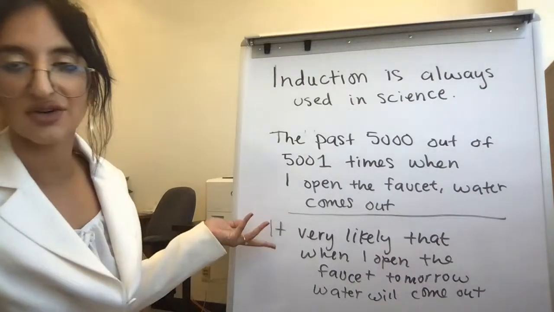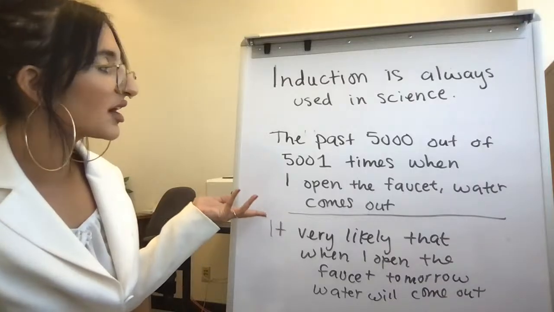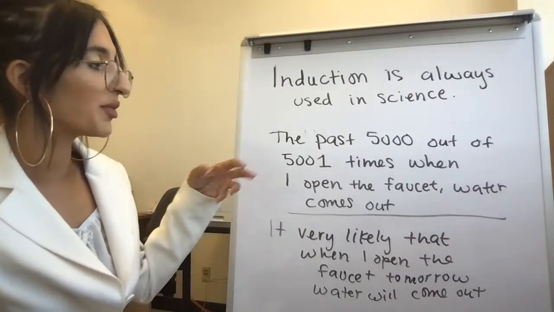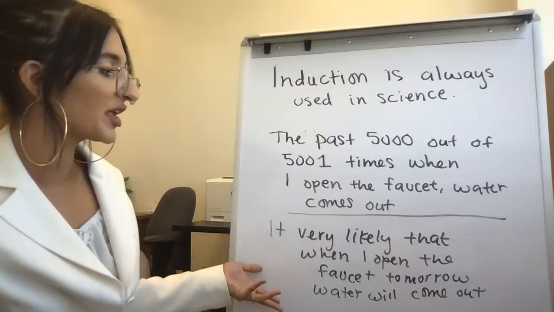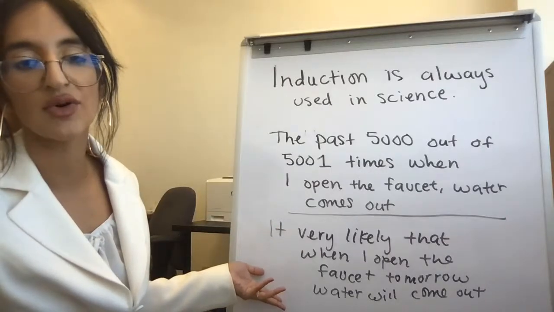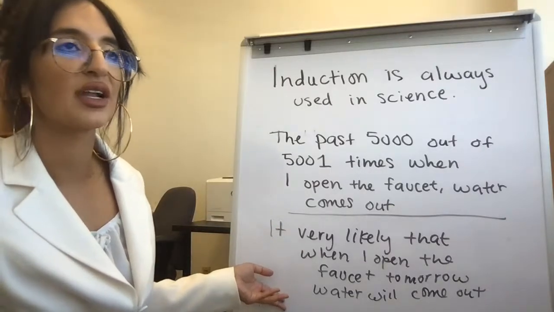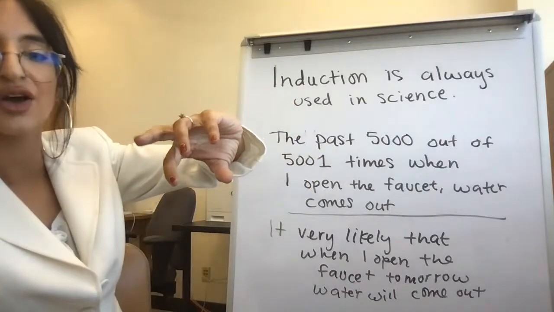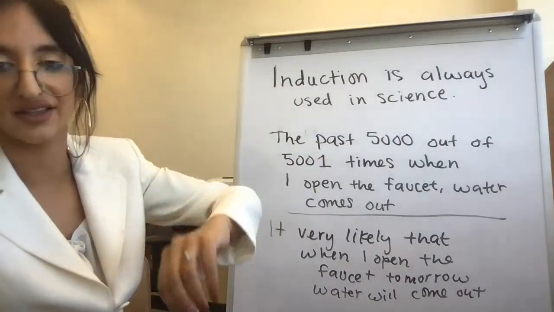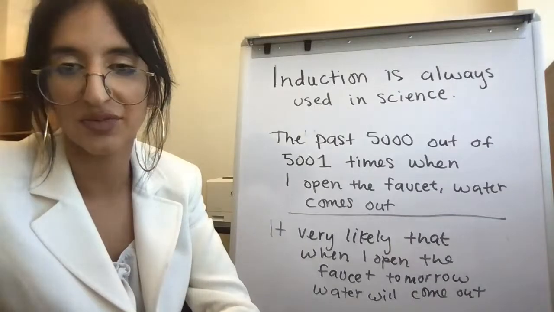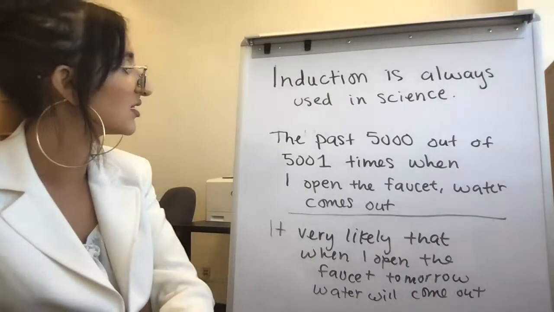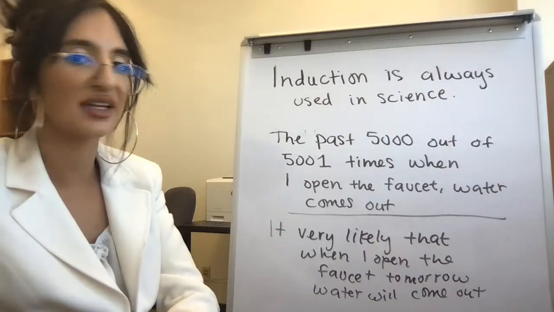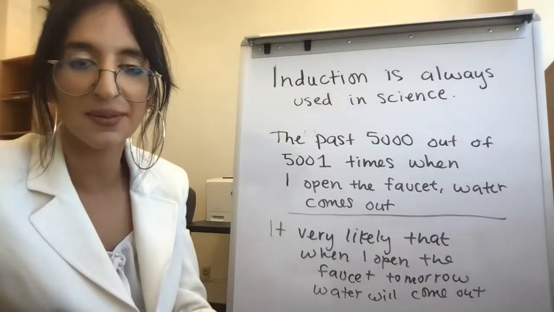This is a silly example, but because I've observed 5,000 times that when I've opened the faucet, water has come out, it is very likely that tomorrow morning, when I'm getting ready to brush my teeth and I twirl the faucet, water will come out, right? It's in fact over 99% likely, okay?